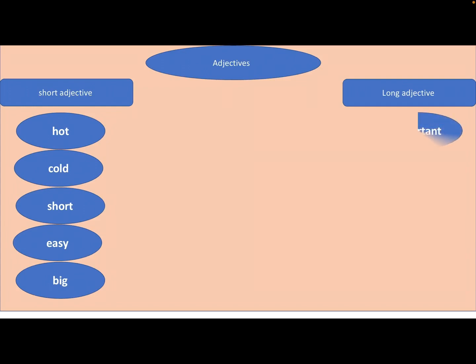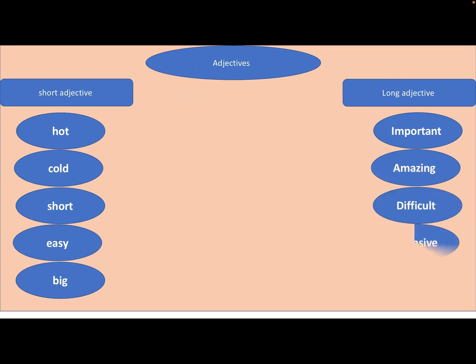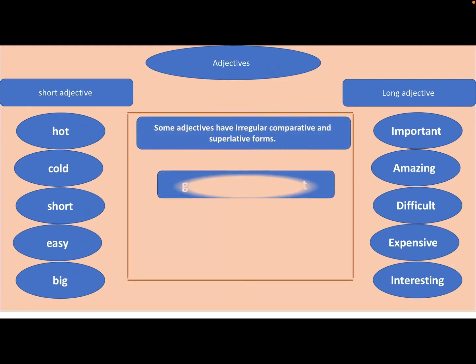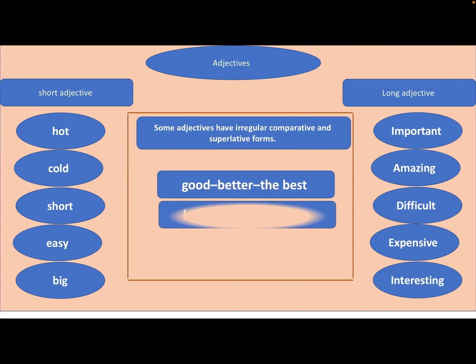Long adjectives: important, amazing, difficult, expensive, interesting. Some adjectives have irregular comparative and superlative forms. For example, good, better, the best, and bad, worse, the worst.